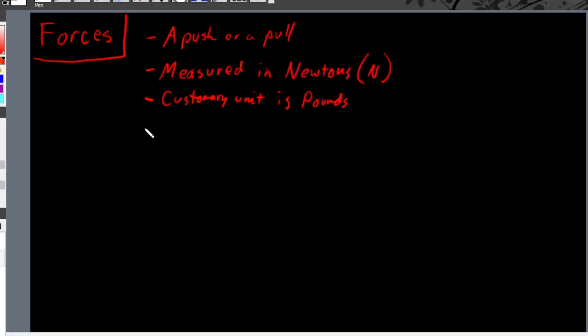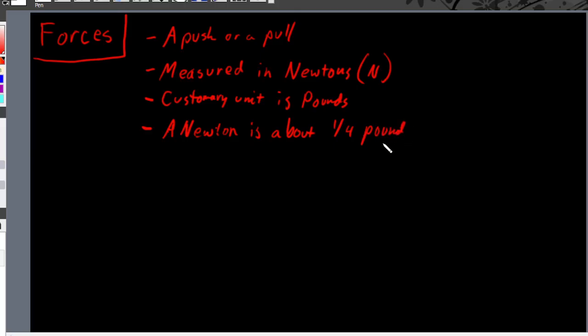Now, what is the relationship between newtons and pounds? A newton is about 1/4 of a pound.